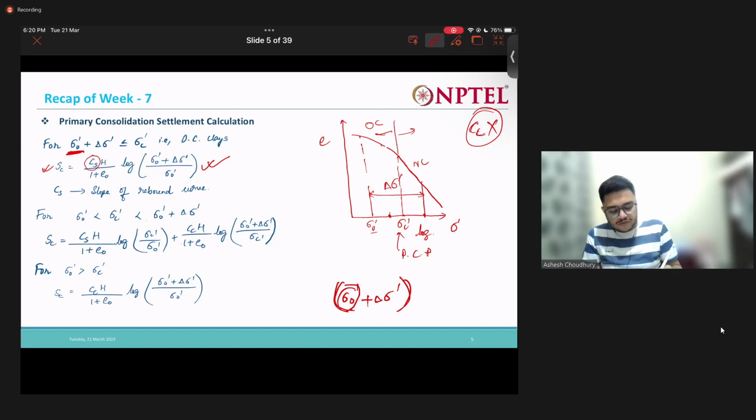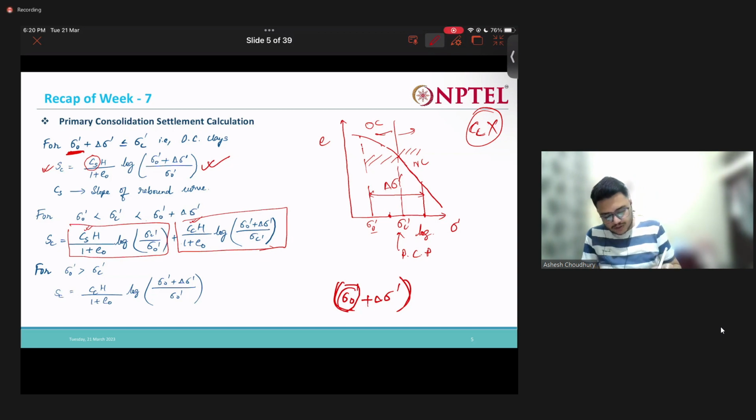So now we have to divide our total portion into two parts, the over consolidated part and the normal consolidated part. In the over consolidated part we need to use Cs, and in the normally consolidated part we need to use Cc, that is the compression index. So from here to here we are using Cs, and from here to here we are using Cc.